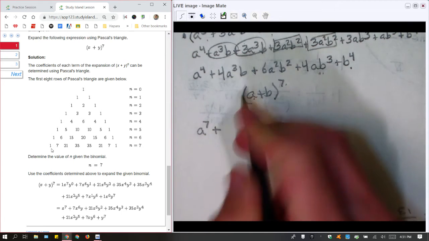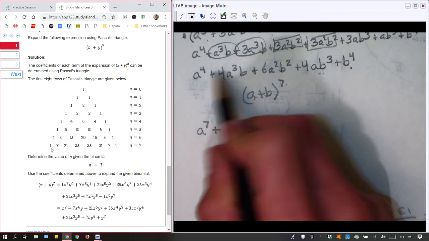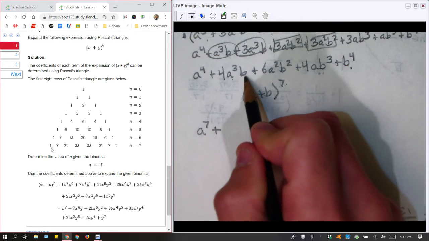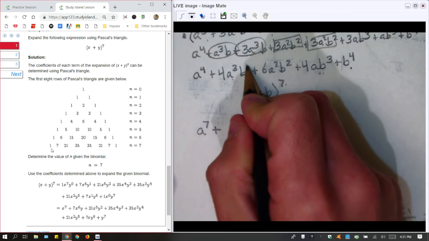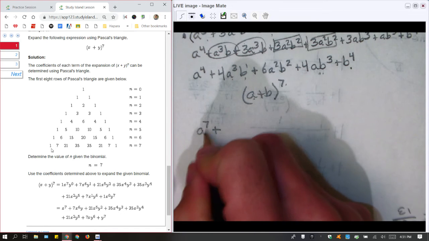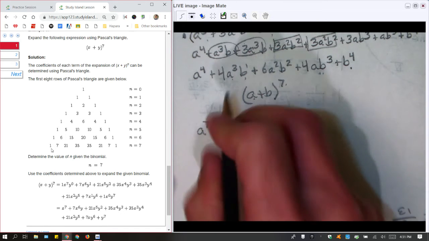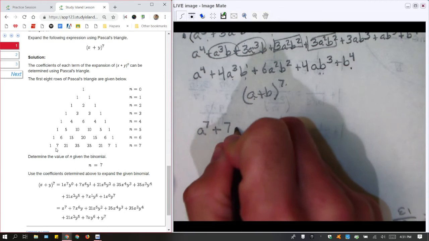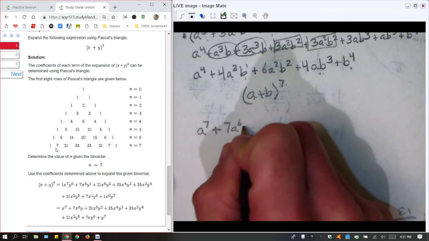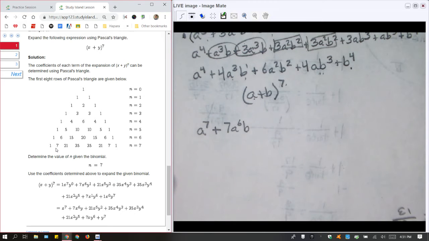Now my next one, just like before, I'm going to take away 1 from that exponent, and I'm going to get the other term in there, but it's just going to be b, to the first power. So I have a to the 7th plus, my next term right here is a 7, so that's going to be 7a to the 6th, b to the 1st, which I'll just write as b.